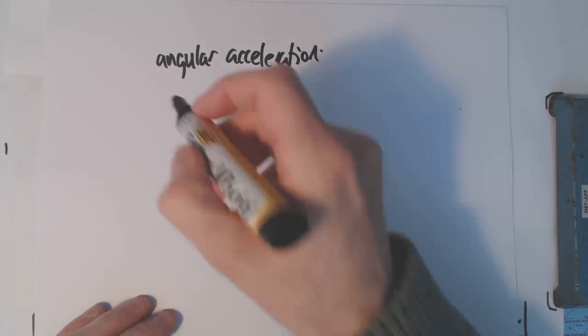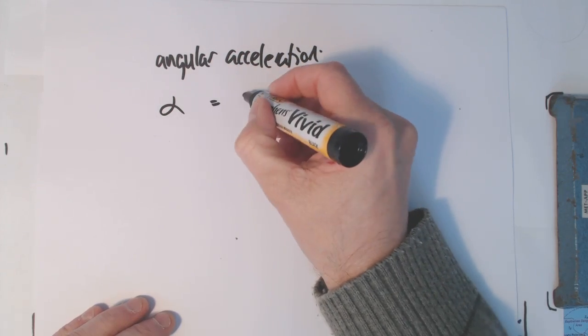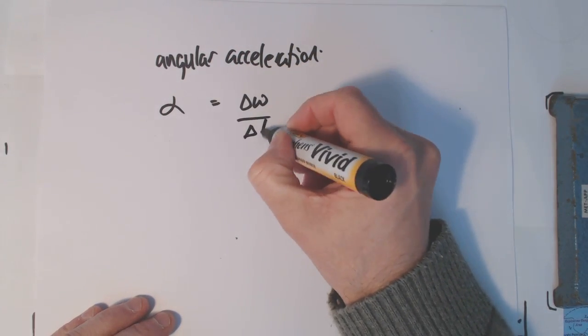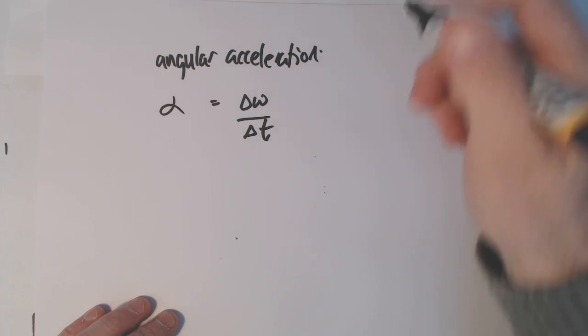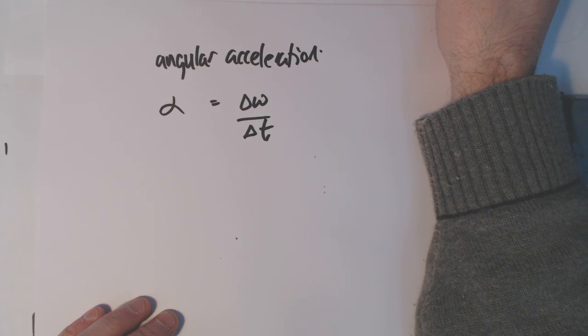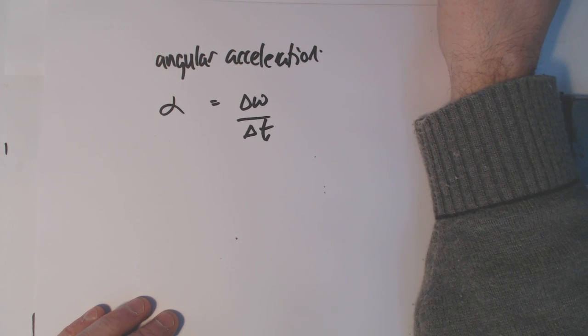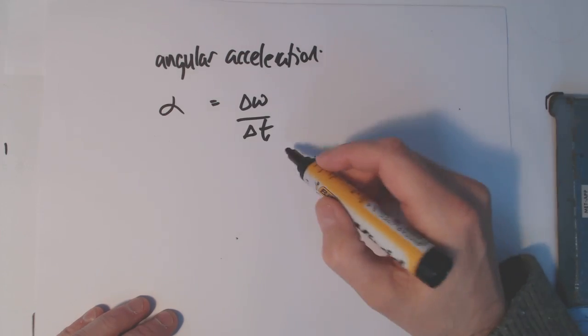Now, angular acceleration is delta omega over delta t. Right? Now we're going to do the same thing we just did. Omega, we already said, is equal to v over r.